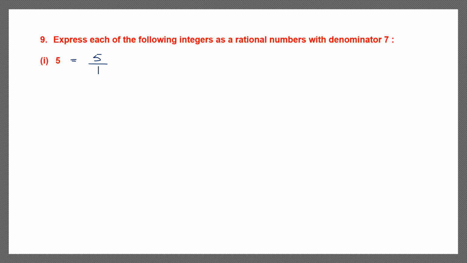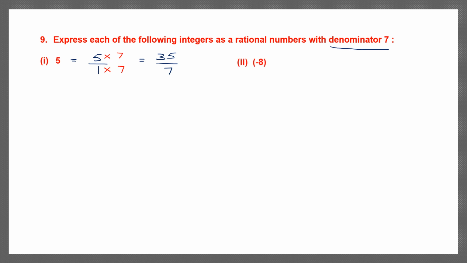Now the question is, give it the denominator 7. So if I have to make the denominator 7, I must multiply this by 7. If I multiply this by 7, I need to multiply the numerator also by 7. So what do I get now? 5 sevens are 35 and 1 sevens are 7. So now I've got a rational number with denominator 7.